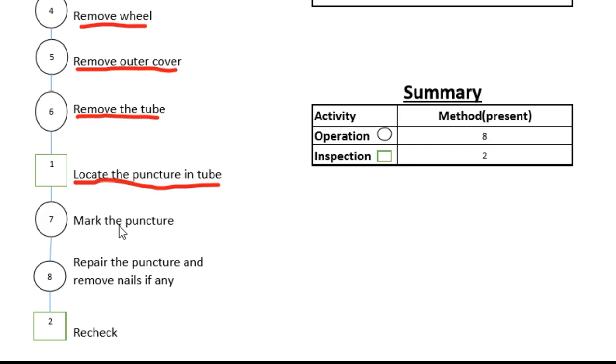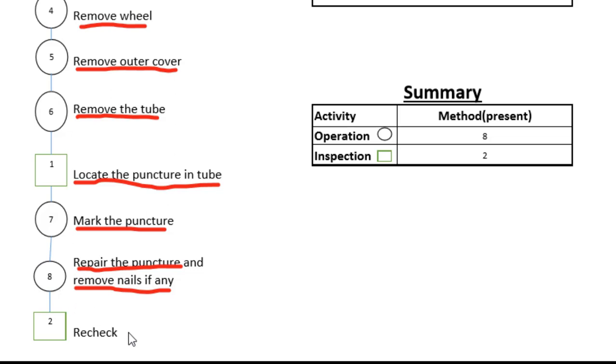After locating the puncture in the tube, we mark the puncture. That is an operation, so we mark a circle in front of this activity. Then we repair the puncture and remove any faults if any. This is also an operation, so we mark a circle.